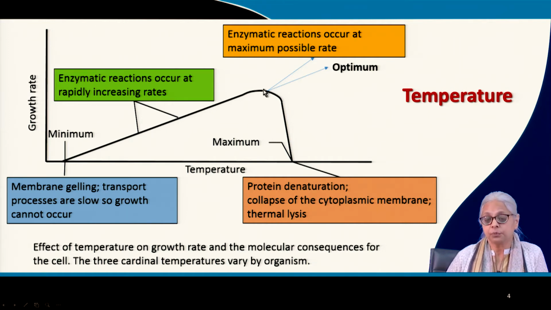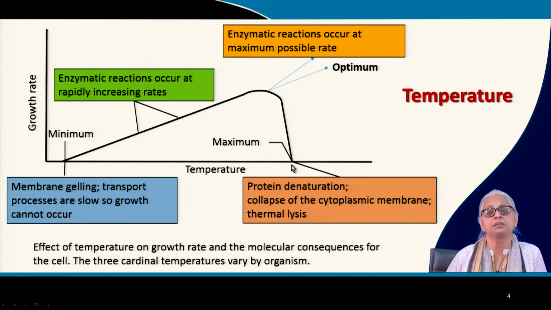So when this optimum point has been crossed, optimum is defined as the point at which the growth rate is maximum. Beyond that point, the growth rate starts coming down, because damage starts becoming apparent. The cells are being damaged, the enzymes are being damaged, the cell wall may be damaged, and so on.